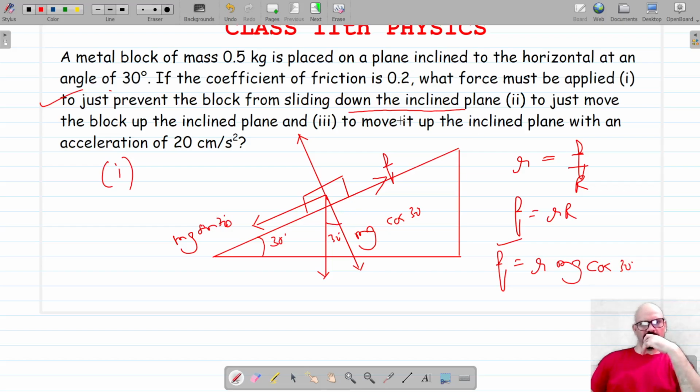Now, if we have to prevent the block from sliding down the inclined plane, that means we have to apply the force in this direction. So this force gets added to the force of friction and should be equal to mg sin theta. So the force we are going to apply, added to the force of friction, becomes equal to the component mg sin theta.